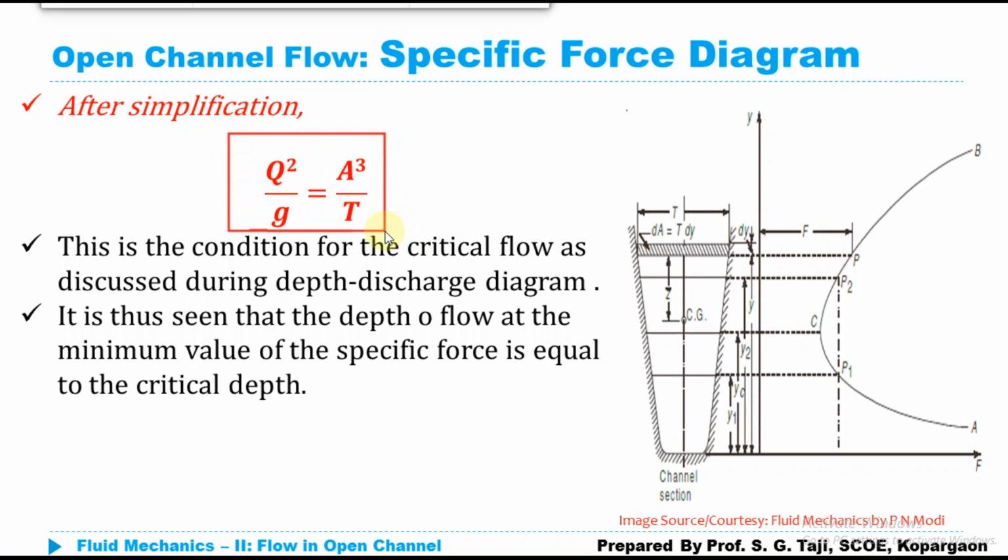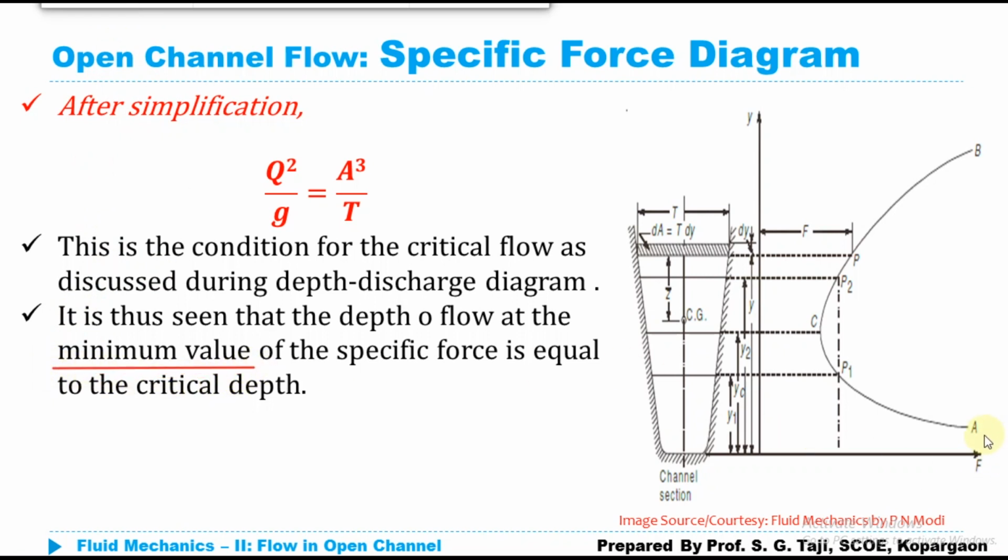Now this condition represents the critical flow condition, that is Froude number equal to 1. With the Froude number equal to 1, this condition represents critical flow, and the specific force at this critical condition is minimum.